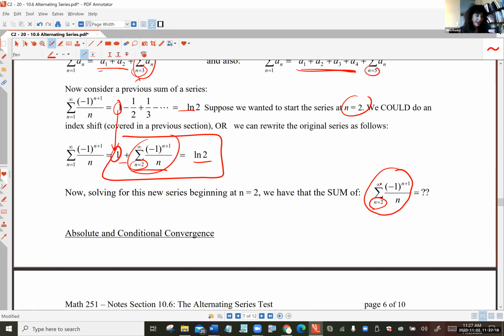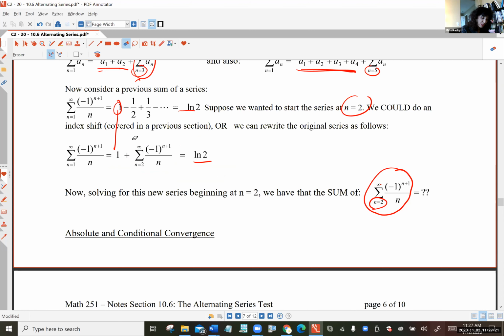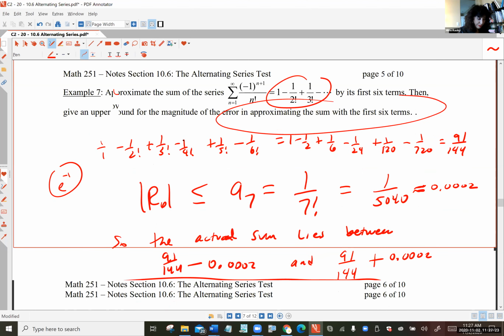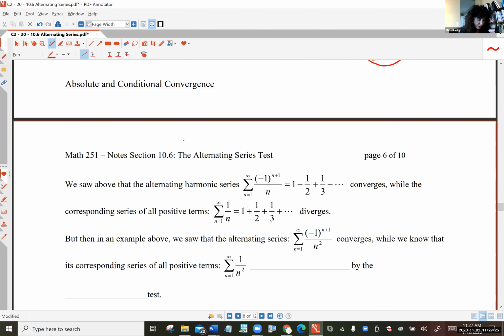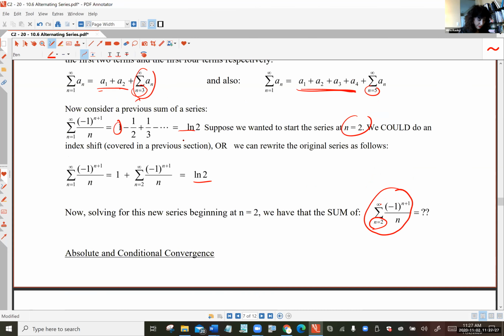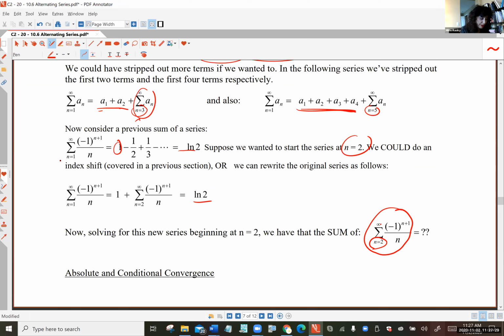Well, I don't know how to do that. Well, yeah, you do, because I told you that if you start at 1, it adds up to ln2. And if you strip out the first term, you get 1 plus this guy equals ln2. Well, check out this.